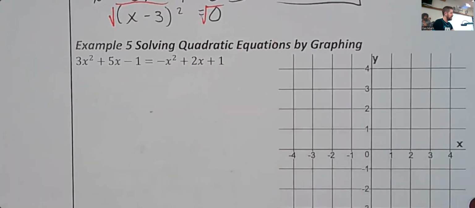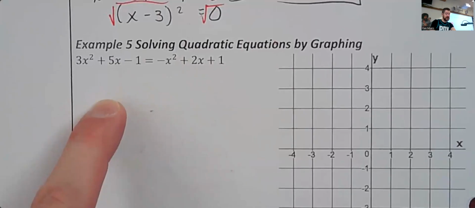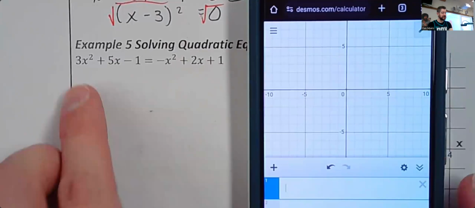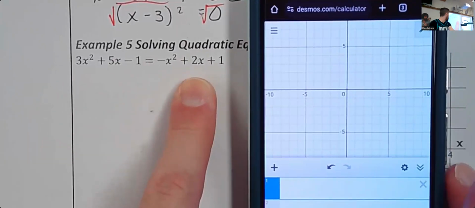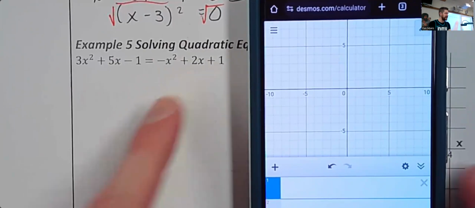Looks kind of nutty. In fact, now that I have Desmos open, I'm going to type this entire equation into Desmos just to see what it looks like. And then from there, I'll show you how to solve it. You would not necessarily be able to type this into the calculator because it doesn't like it for graphing if you don't have a y equals.